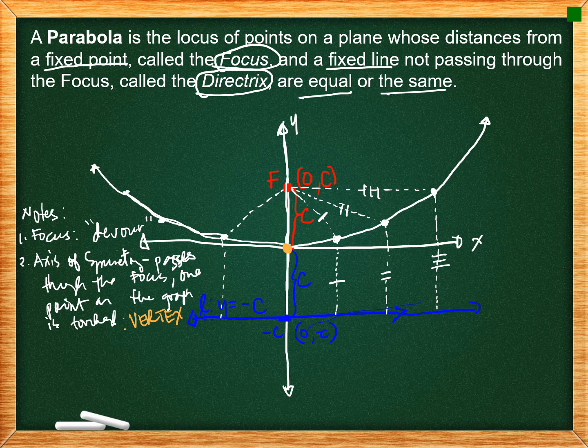It means that as the graph moves from the left toward the vertex, the value is decreasing, but when it passes through the vertex, the value is already increasing. That's why the vertex is the turning point of our graph.